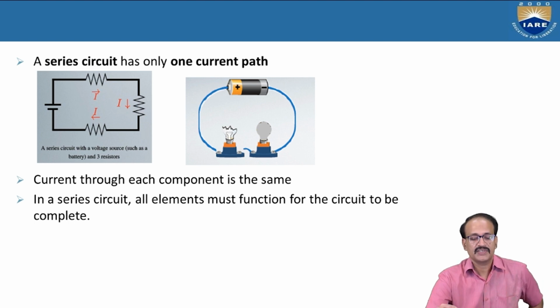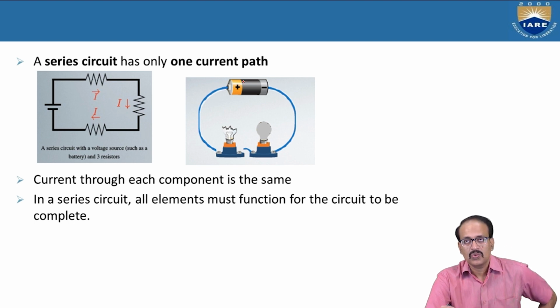So here the series circuit has only one path. You observe here, this is the source, and the current has started from here. It will start from the source, that is the only way.